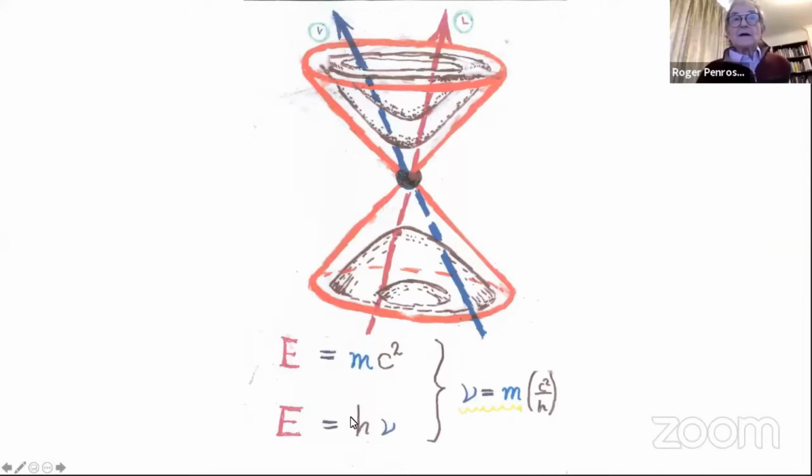Put the 2 together. Einstein tells you energy and mass are equivalent. Planck tells you energy and frequency are equivalent, therefore mass and frequency are equivalent. So these surfaces are telling you that particles are wonderful clocks. They're very, very precise clocks. This gives you nuclear and atomic clocks, scaling things down adequately so you can actually see them properly. But it's the scaling that you get from the mass of particles.